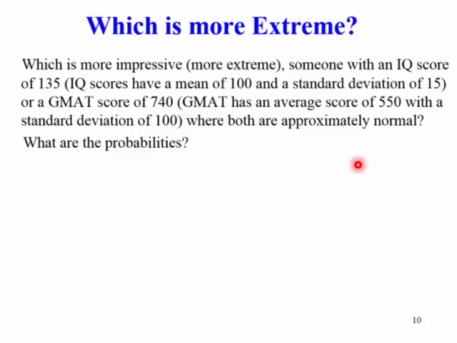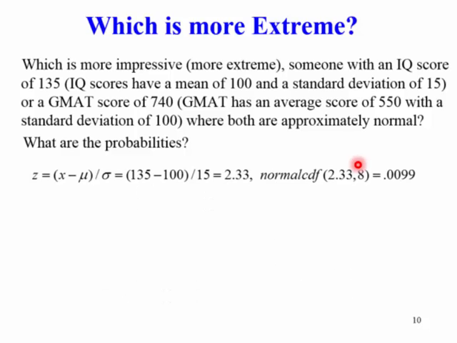So what are the probabilities, right? Well, for the IQ score, the z-score is 2.33. And so the probability of that or more extreme is 2.33 to infinity, and that's about 1%.